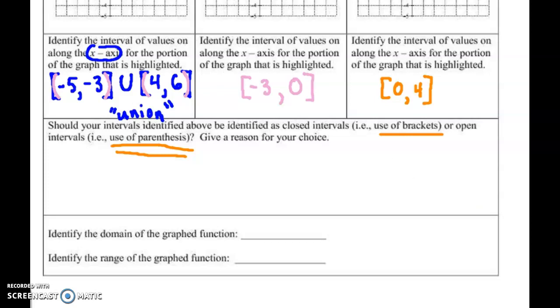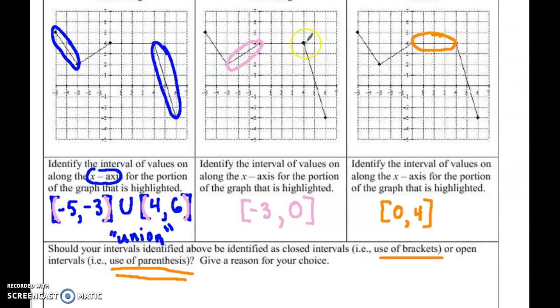Now the next thing to talk about is domain and range. You may remember domain from previous math classes as your x values and range as your y values. So if you look at the graph function above, it's the same for all three. We also read this from left to right.